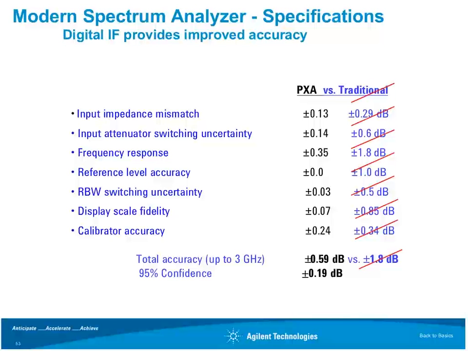Since it's done digitally now, we can calibrate that out, and these things like ref level accuracy, resolution band switching uncertainty or scale fidelity are either gone completely or almost gone. So in the overall measurement accuracy, you can see a huge improvement, much better accuracy as a result of going digital.